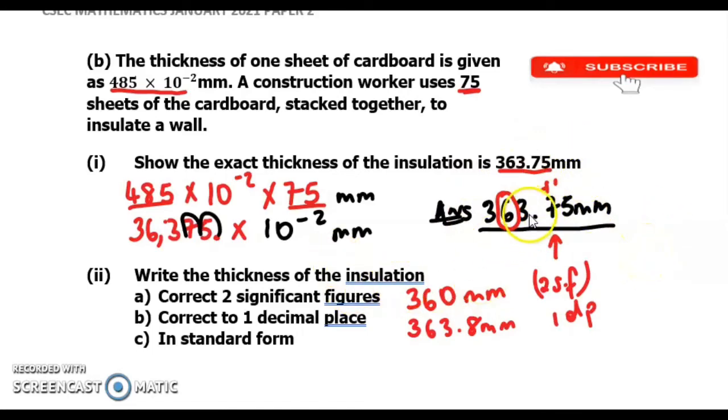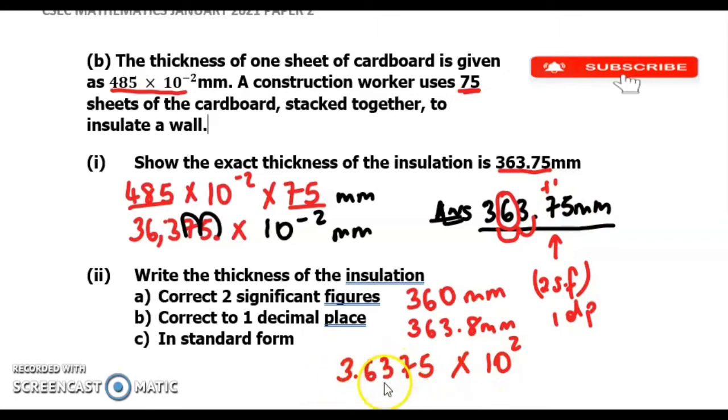So here, because we're going to move the decimal point 2 places until we get a number that is from 1 to 9, 1, 2, we're now going to have 3.6375 times 10. And because we moved the decimal point 2 places, we are going to put it to the second power.